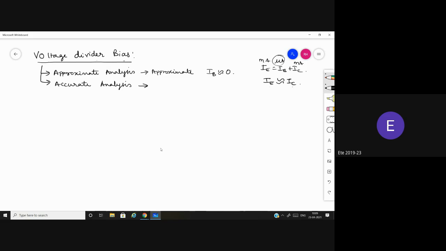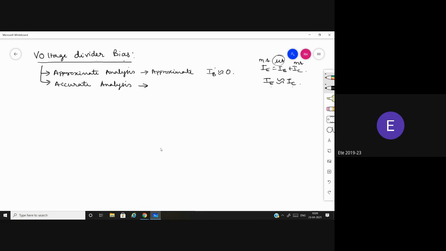Here also it is the same thing. When IB is considered to be zero, IE and IC will be considered approximately equal. That kind of approximation in analysis is known as approximate analysis.